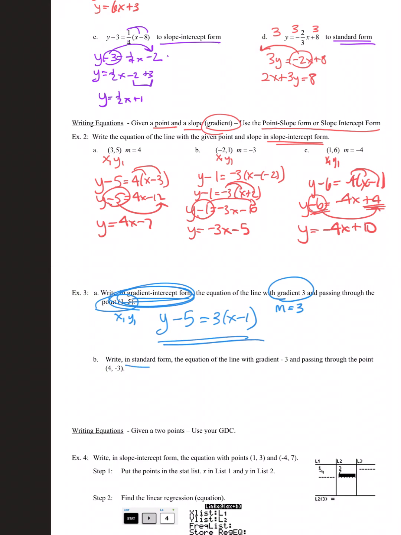Now this one's asking for standard form. So if this is m right there, and this is my x sub 1 and my y sub 1, I'm going to start with point-slope form. y minus y is equal to m times x minus x. I'm going to clean this up a little bit.